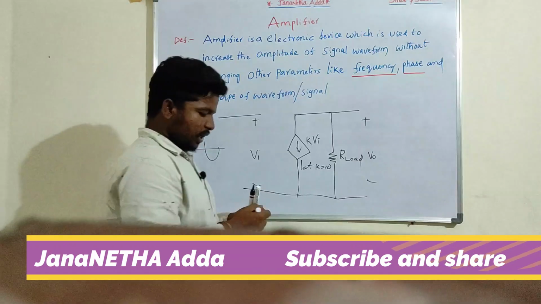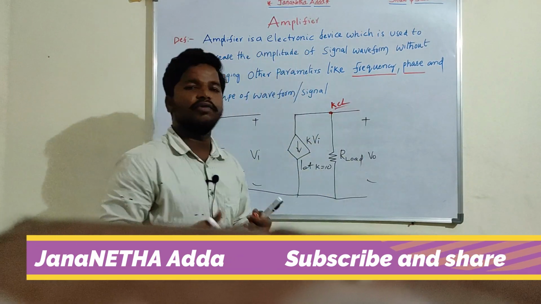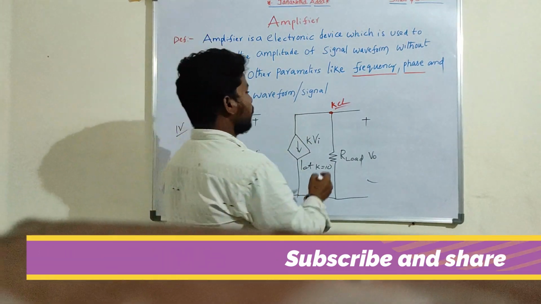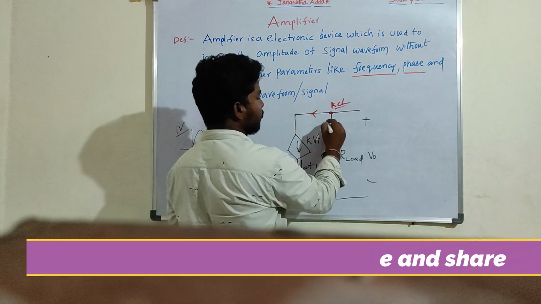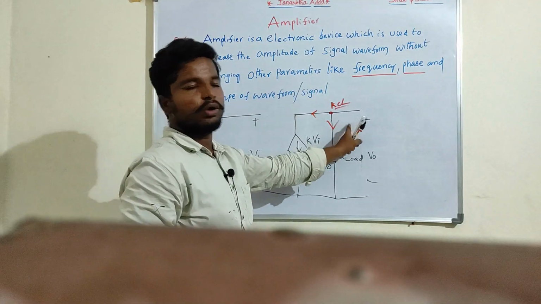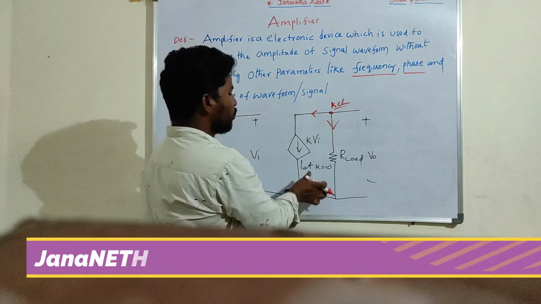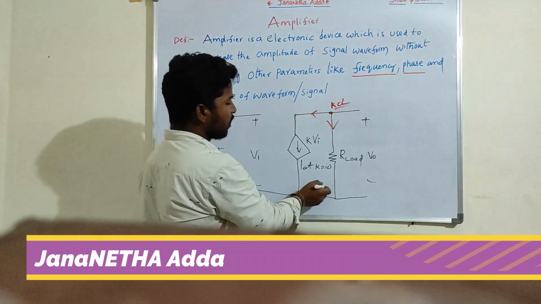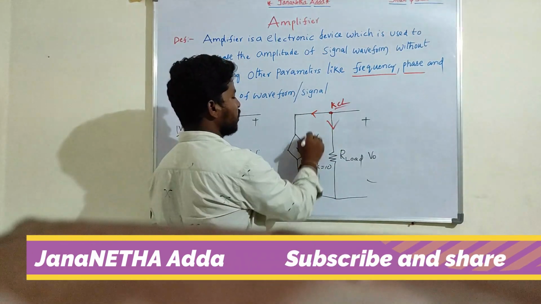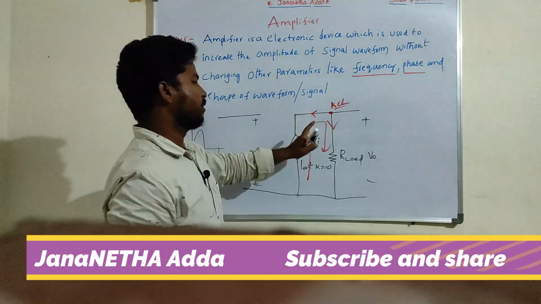So if I apply KCL at this node, I think you are aware of applying KCL at any given node, because two currents are flowing here and there is no current flowing in this terminal because it is open circuited. So if I assume that the same current is flowing in the opposite direction, this current is flowing opposite of this current.